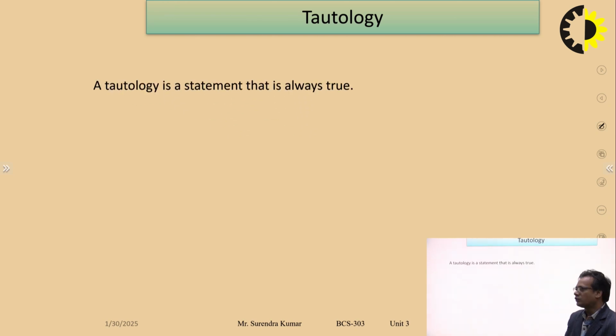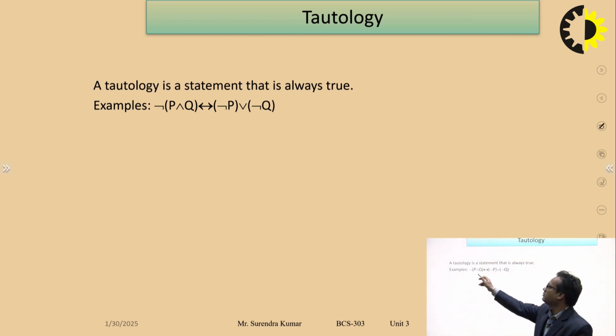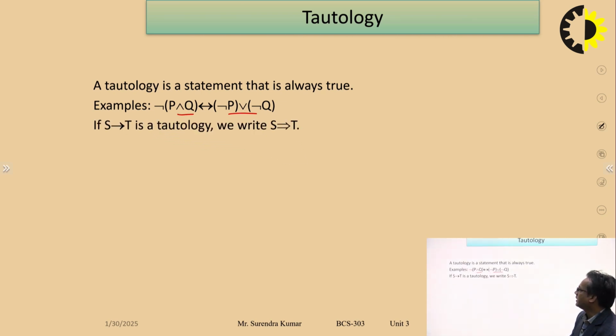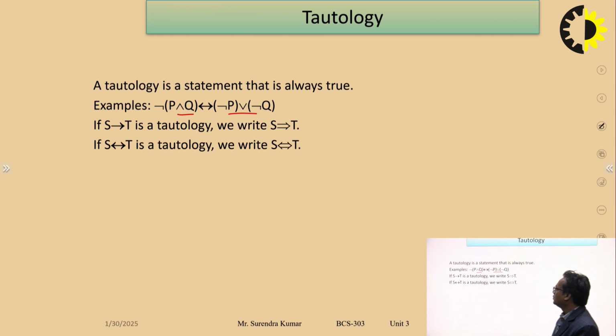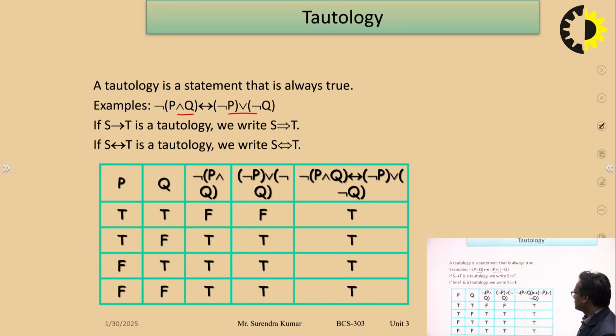Now, tautology: a statement that is always true is called a tautology. We gave this table earlier and found that it is always true, so this is called a tautology.